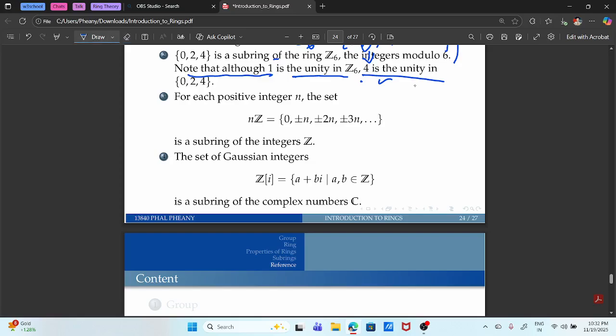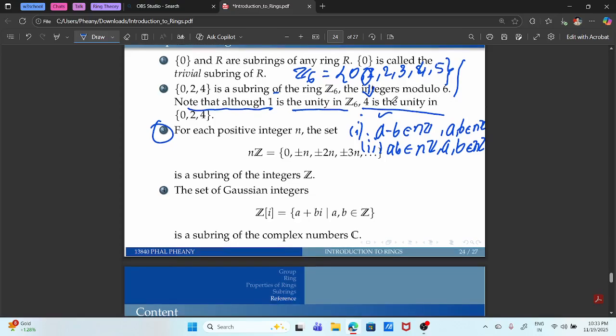Okay, let's consider the third example again. For the first condition, we have to show that a minus b belongs to nZ, where a, b belong to nZ also. And the second condition is that ab belongs to nZ, where a, b belong to nZ.